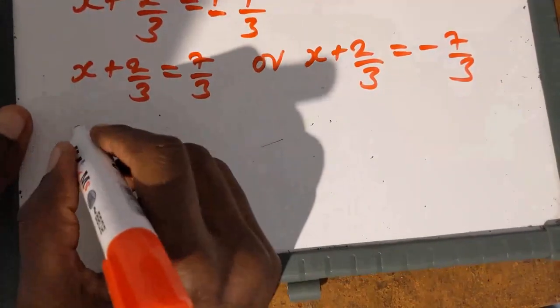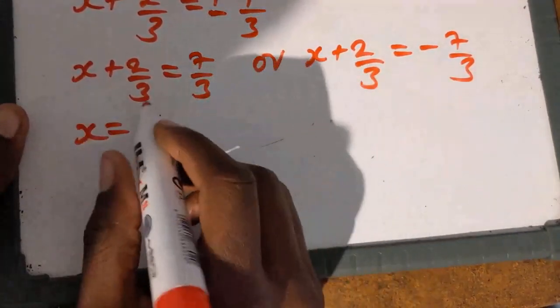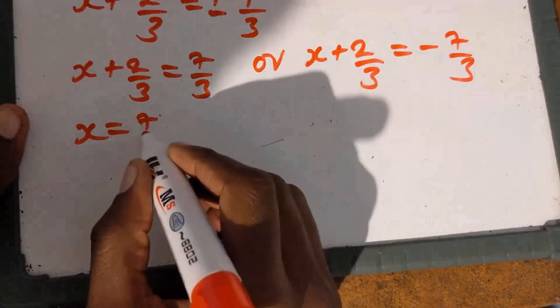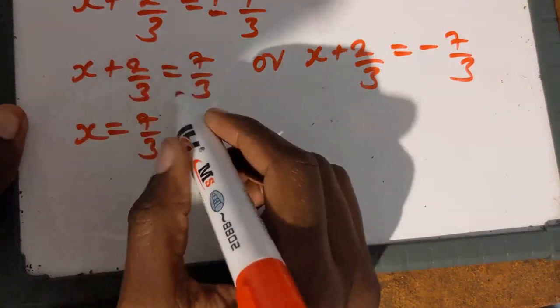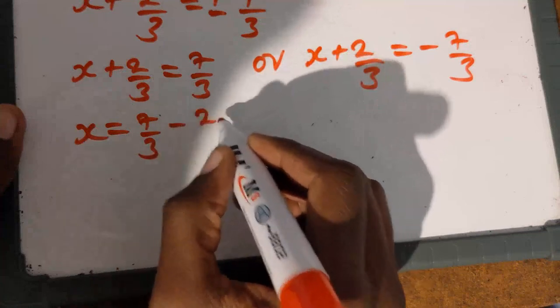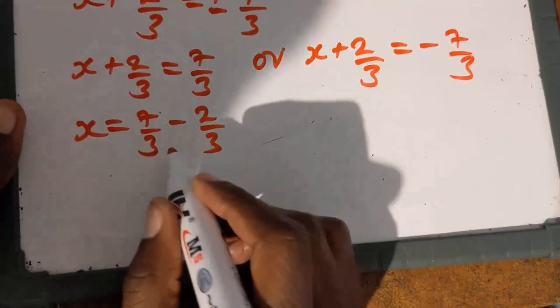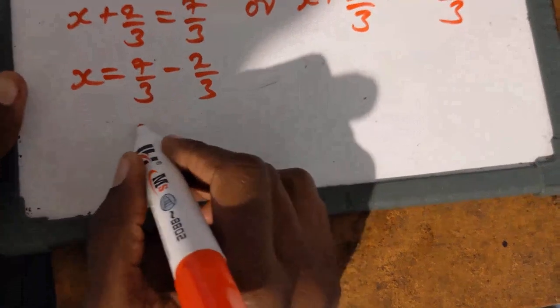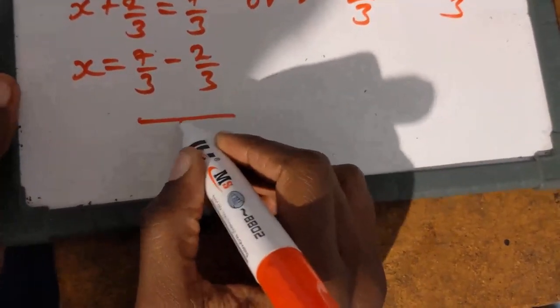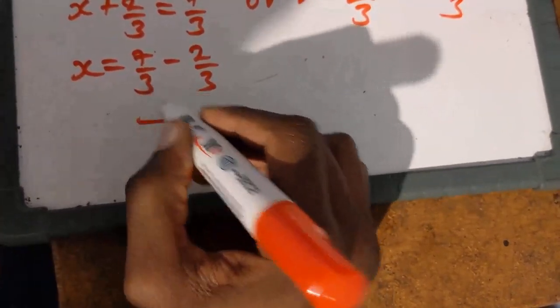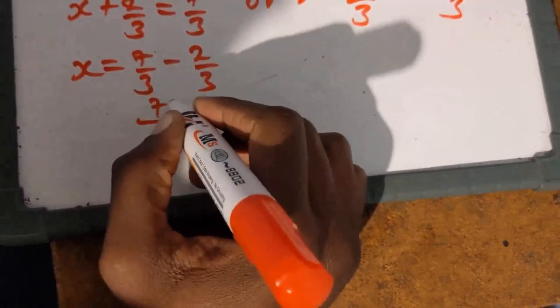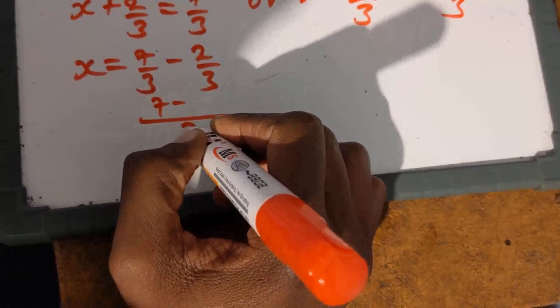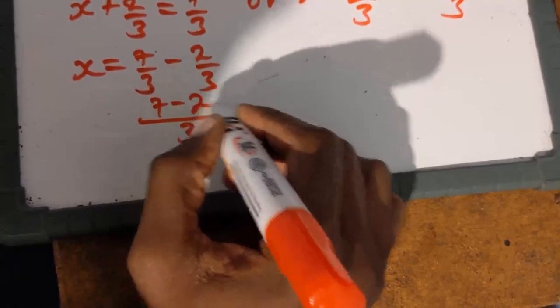So from here you can collect the like terms since you want to find the value of x. So it will be over 3, then this is positive. When it comes this side it becomes negative 2 over 3. Okay, then you find the common denominator, which is 3. Okay, then 3 into 3, that is 1. 1 times 7, that is 7, minus 3 into 3, 1 times 2, that is 2.